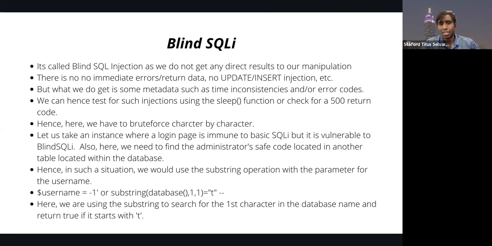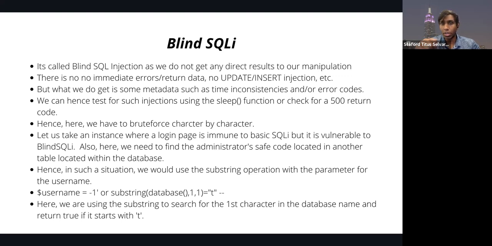So let us take an example where there is a login page, but that login page is immune to basic SQL injection. So we can't just type in admin, single quote, dash dash, space and enter. We can't just go in like that. That's not possible. So what do we do then, right? Here we need to find the administrator's safe code, located in another table within that database.